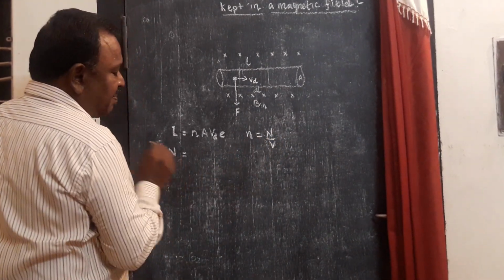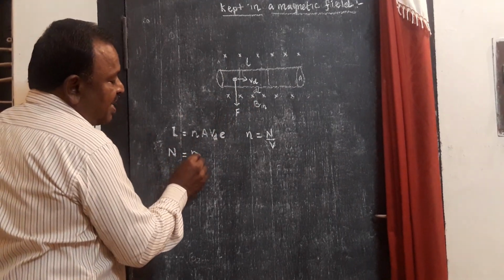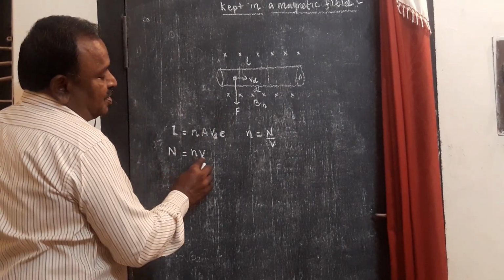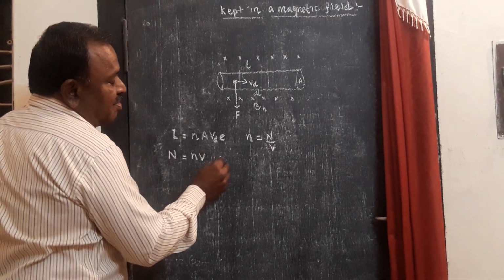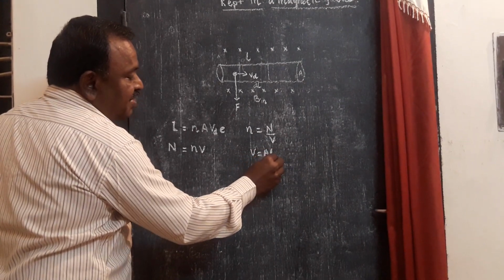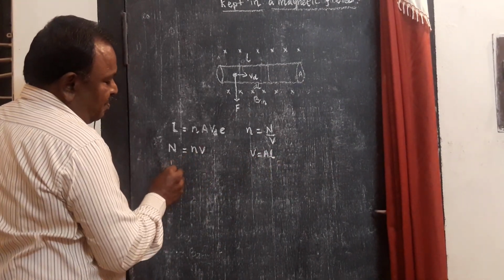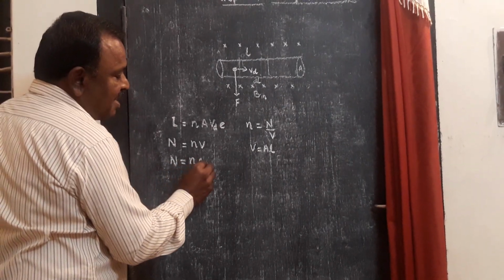Therefore N, the number of electrons in that element, is equal to nV. This V is nothing but the product of area of cross section into L. So we will have N = nAL.